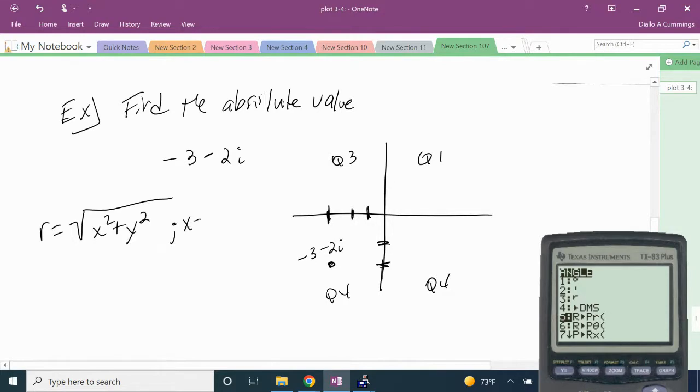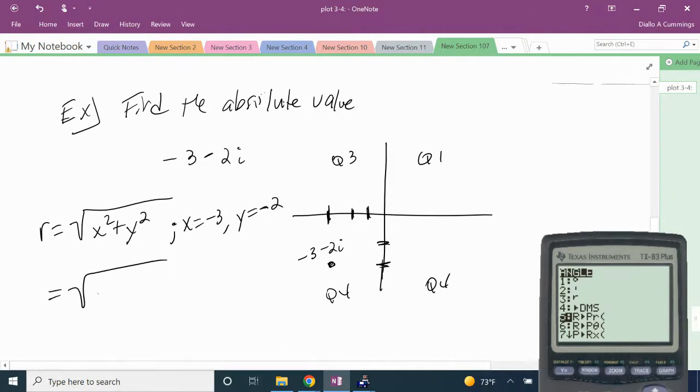We're going to substitute x for -3 and y for -2. Notice I don't use 2i squared, I only use the coefficient -2. If you remember from algebra, if you were to square i, you get i squared, and i squared is -1. So we don't use i in the calculation, we only use the coefficient.